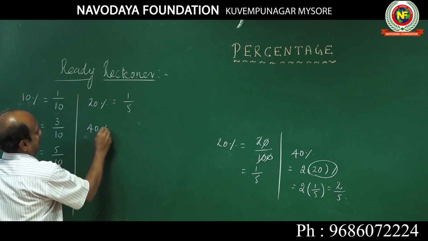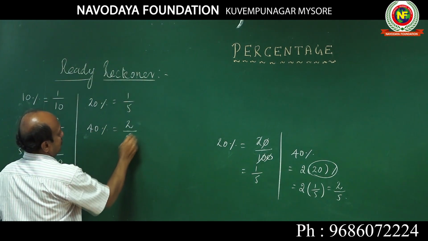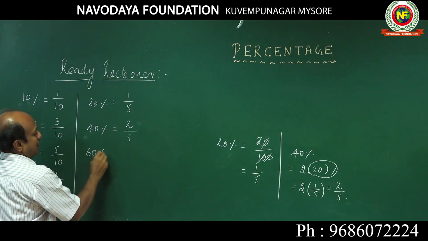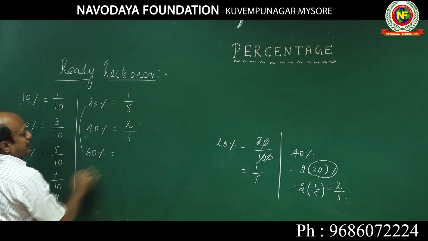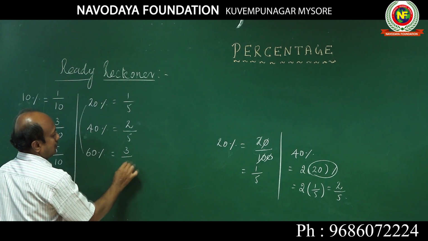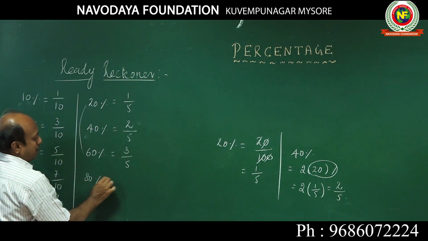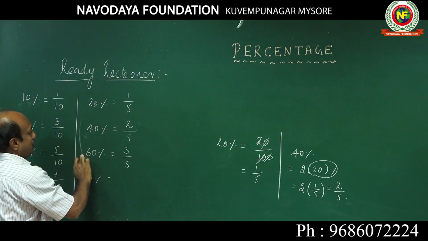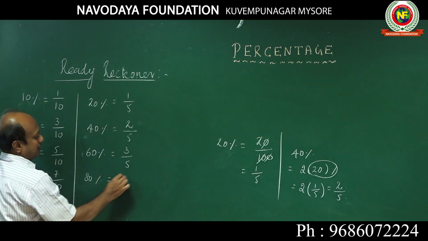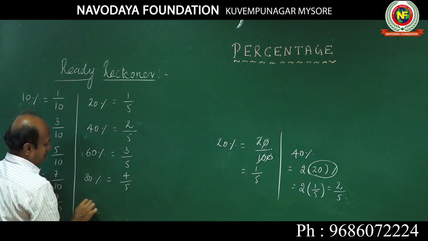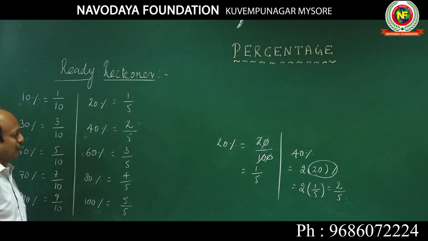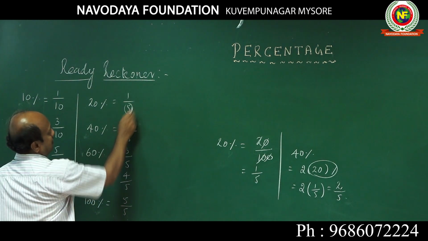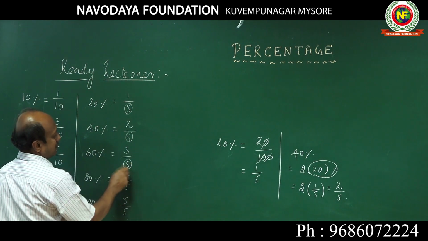So, 40% is equal to 2 by 5. Similarly, 60% is nothing but thrice of 20%. Therefore, 3 by 5. 80% is equal to 4 times of 20%, 4 by 5. Similarly, 100% is equal to 5 by 5, that is nothing but 1. Here look at this, all these denominators are in terms of 5s.